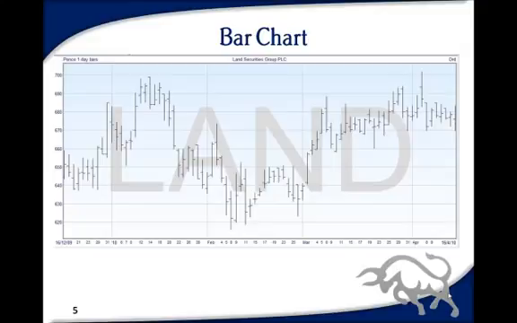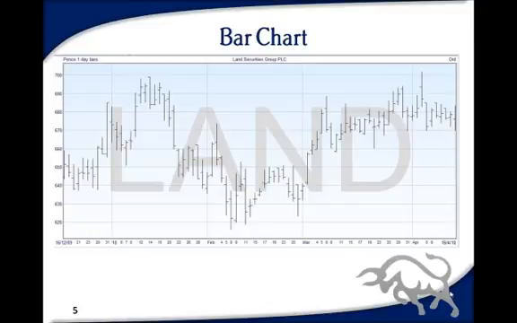But at the end of each day, this little horizontal bar on the right, called the tick, is the closing price, and that's about 618. So we can see we have the opening, the low, the high, and the closing price all shown in one single bar with the ticks for each day. That is called basically a bar chart. It gives us a lot more information than you'll get from the line chart.